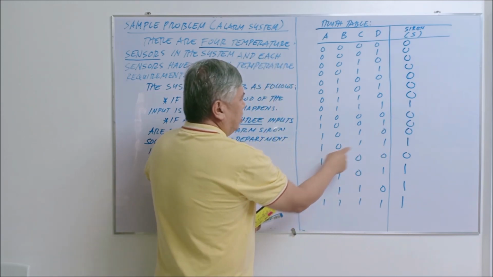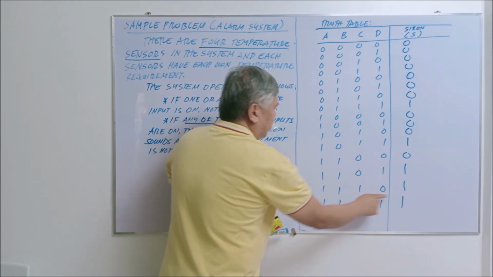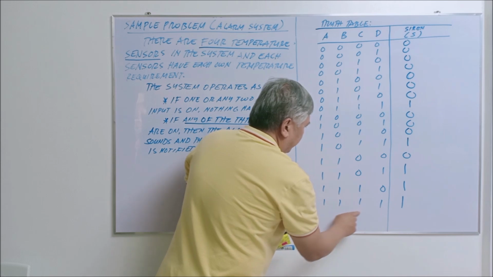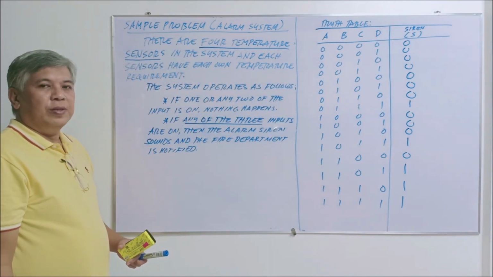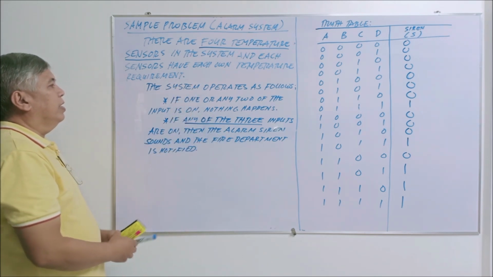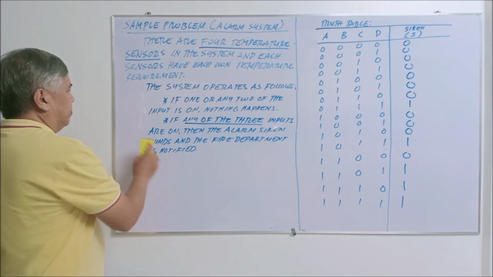This one here, 3 inputs are 1. And for any of the 3 inputs on, the output will still be equal to 1. Okay? So that will be our truth table representation of this particular requirement.